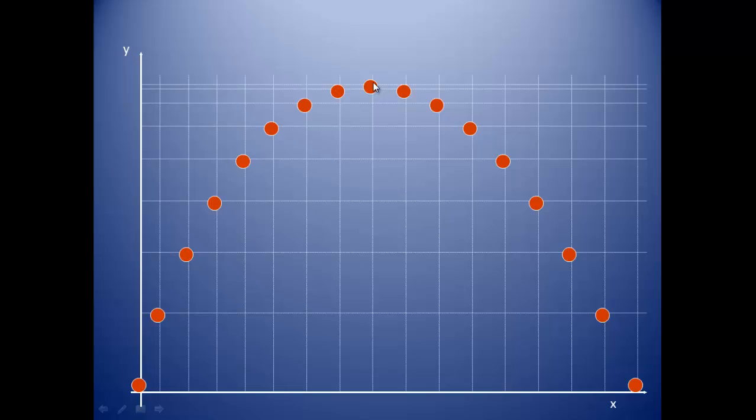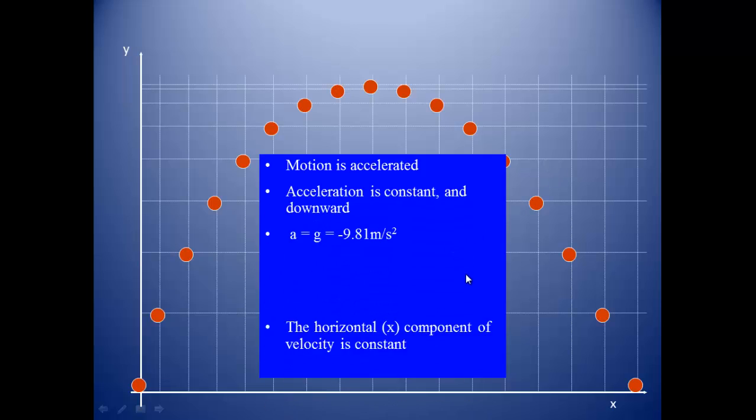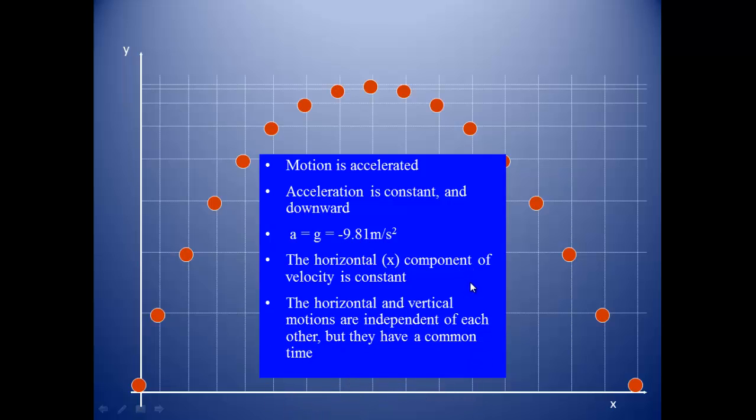We would say that the velocity vertically is actually zero at that place, and then it accelerates down due to gravity. So gravity is the thing that slows it and stops it from going upwards, and gravity is the thing that accelerates it, making it go to the ground and speeding up. Again, the motion is accelerated, acceleration is constant and downwards. All right, so we know all those things still apply to this situation as well.